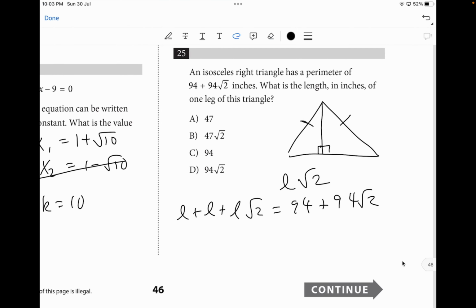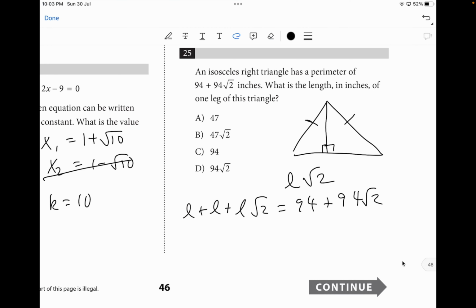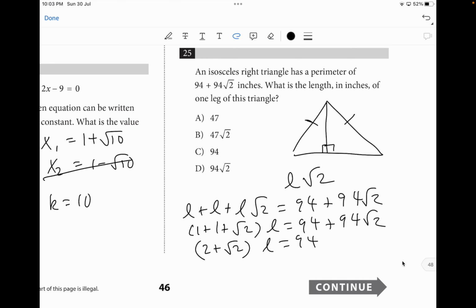Then we factorize the left hand side. It becomes 1 plus square root 2, times L, is equal to 94 plus 94 square root 2. If we add this, it becomes 2 plus square root 2, L is equal to 94 plus 94 square root 2. Now divide both sides by 2 plus square root 2.